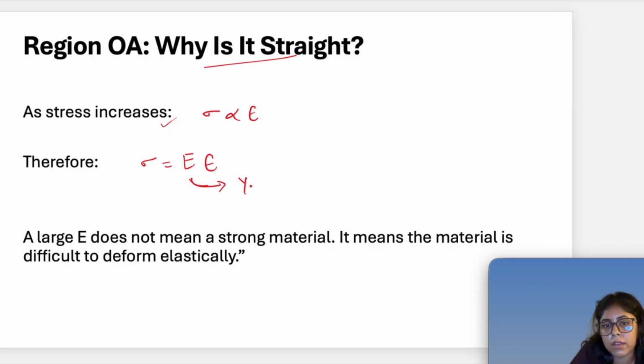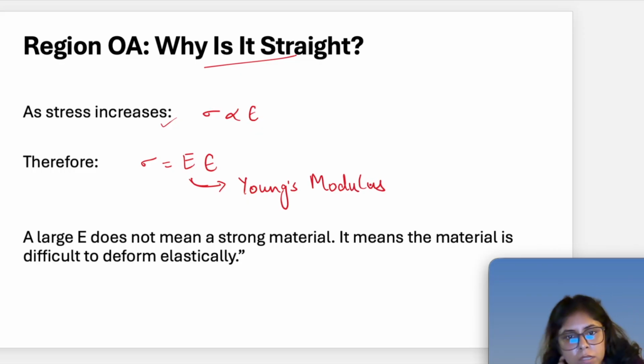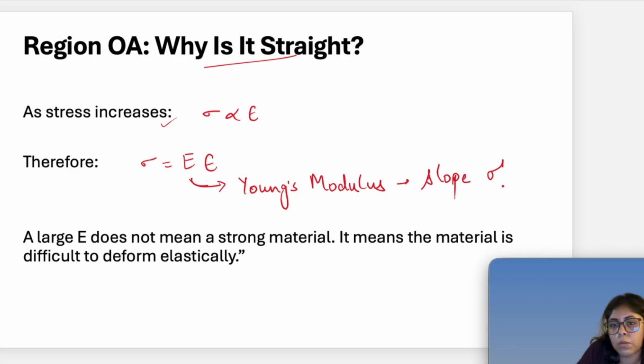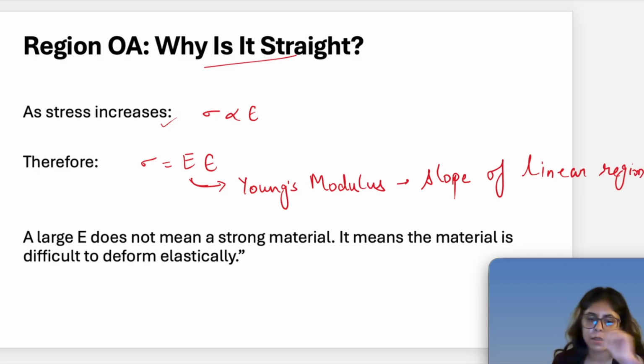E is what? Young's modulus. It is nothing but a constant that came when we removed the proportionality sign, and it's nothing but the slope of the linear region or linear portion, we can say.